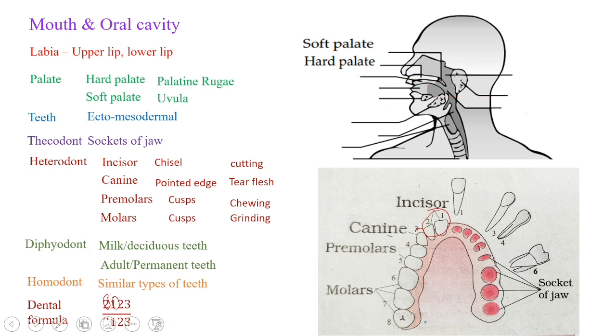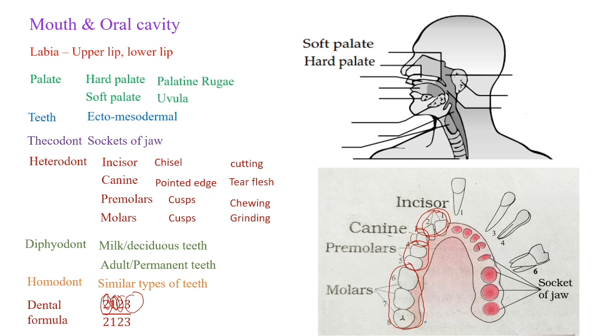The number 2 represents incisors, the number 1 represents canines, the number 2 represents premolars, and the number 3 represents molars.